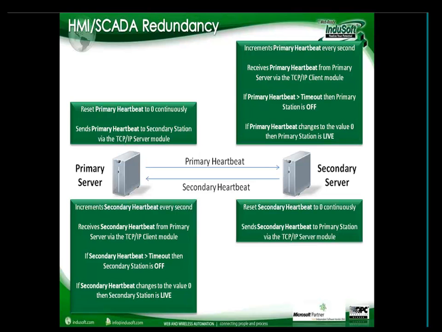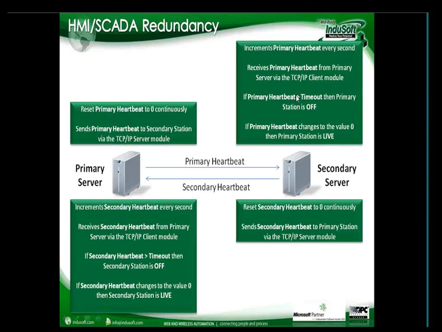Using the TCPIP server from the primary station, I send the value from this primary heartbeat to the secondary station. In the secondary station, using the scheduler, for example, I increment the primary heartbeat every second. And I receive the primary heartbeat from the primary station using the TCPIP client worksheet.